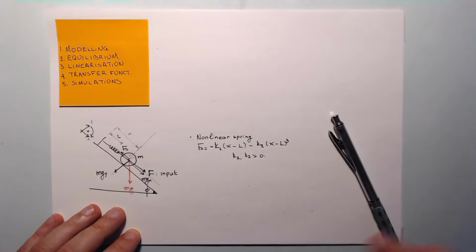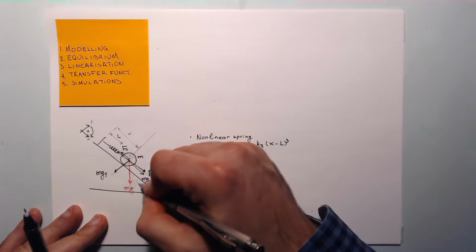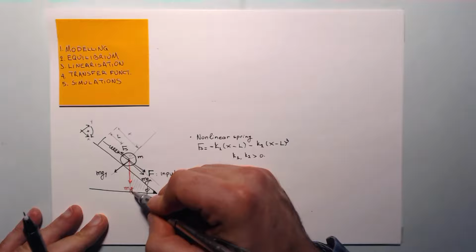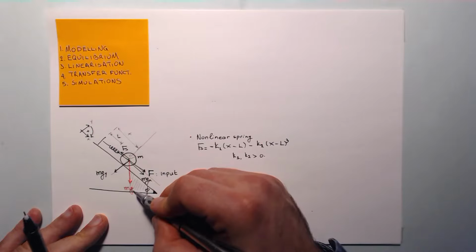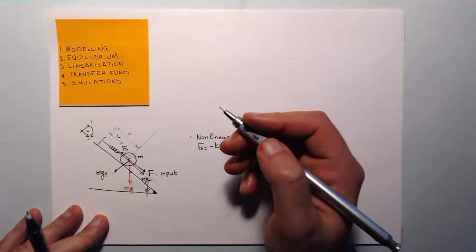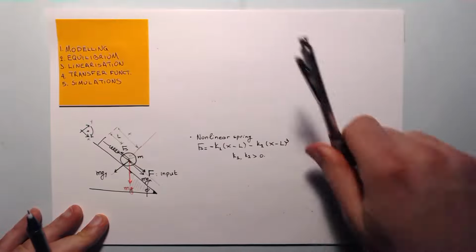Now look what's going on here. This is angle phi. If you focus on this triangle, this is a right angle triangle. This is a right angle down here. So this is phi, this is 90 degrees. So this one is what? 90 minus phi. And the same goes for this angle, it is 90 minus phi.